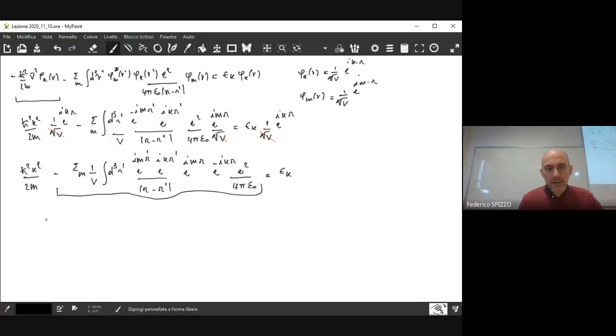But for the moment, I just concentrate on the evaluation of the summation over m of 1 divided by the volume, d3 r prime, e to the minus I m r prime, e to the I k r prime, e to the I m r, e to the minus I k r, and then divided by r minus r prime, and also divided by 4 pi.